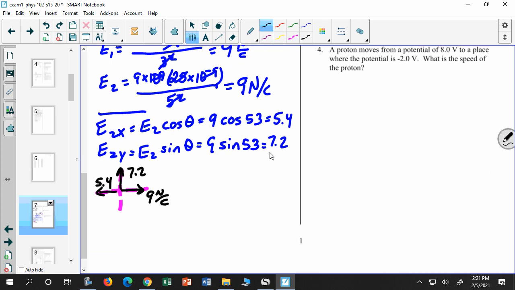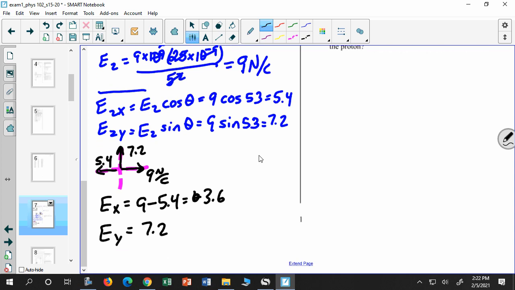Okay, so now that I have that, I can figure out my EX and EY. Notice I don't have a subscript number on these. These are the x and y components of my final vector. EX is going to be 9 minus 5.4. That's what? 3.6. EY is going to be 7.2.